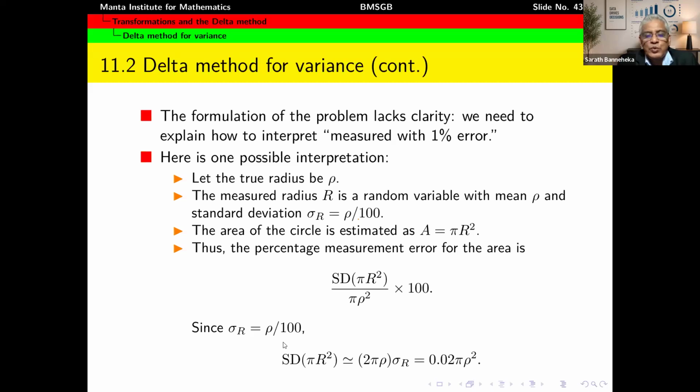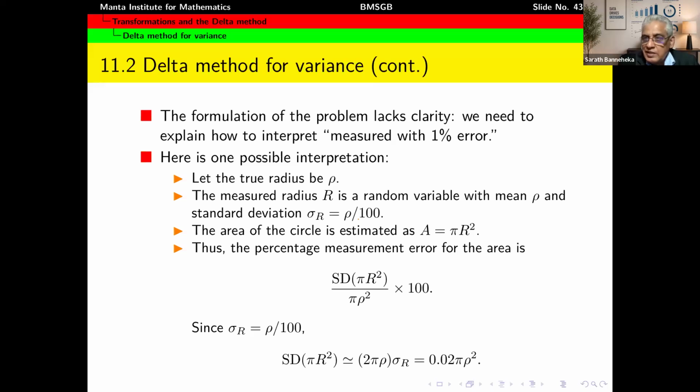So according to that result that we just derived, the standard deviation of pi r square will be approximately equal to the derivative of this function with respect to r times the sigma. The function is pi r square. So that is g of r in this case.